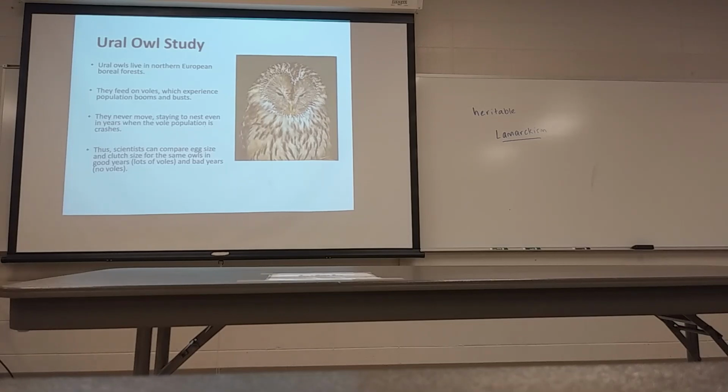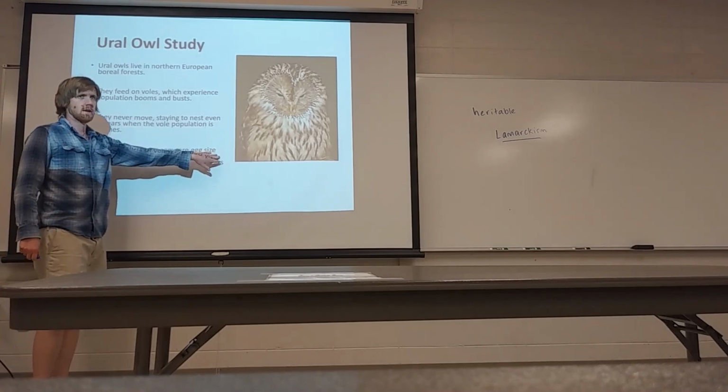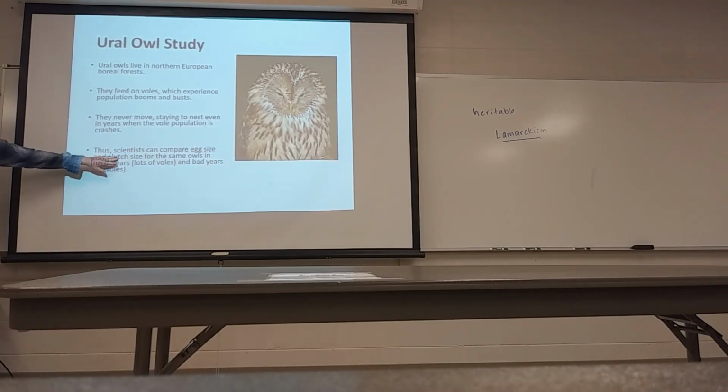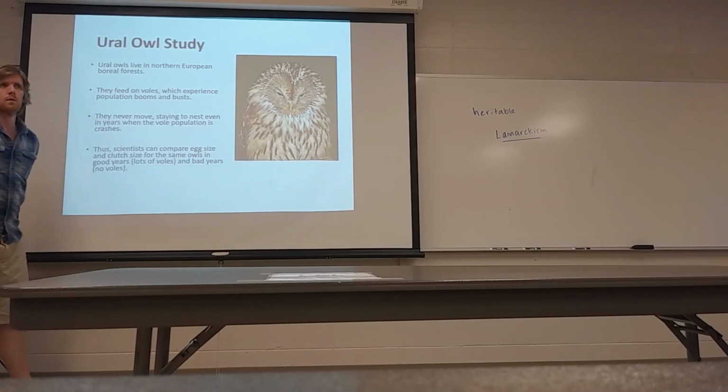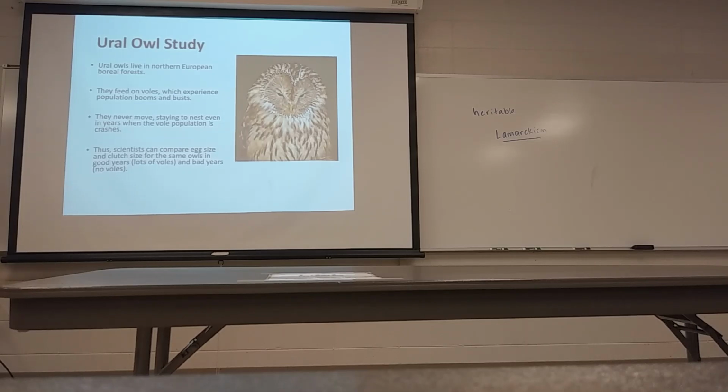So, one way to test heritability with these guys is they compare the size of the eggs, the number of eggs that get produced, and they compare for this owl from good years and bad years.